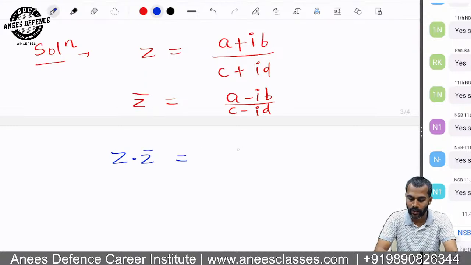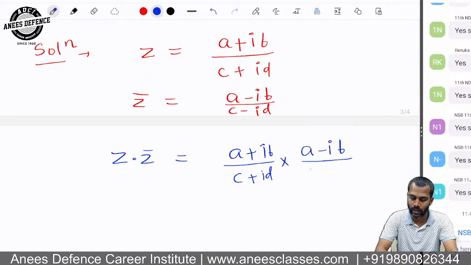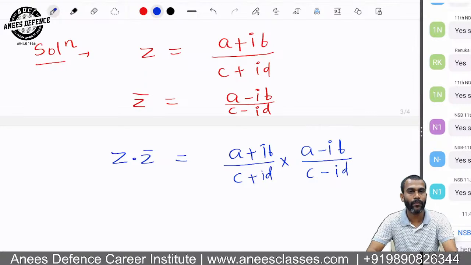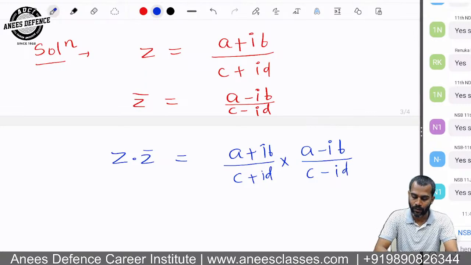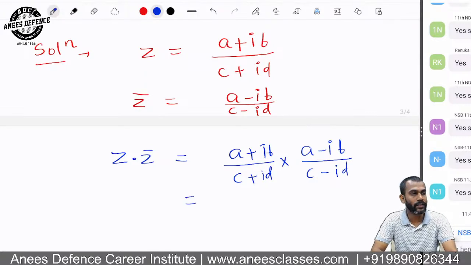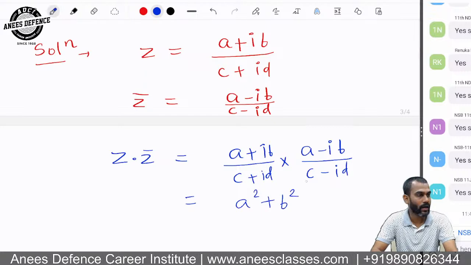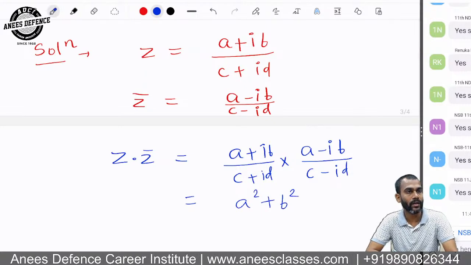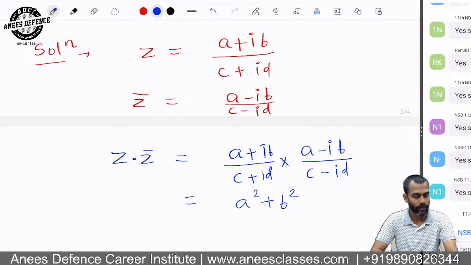So what will we get? (a plus ib) over (c plus id) into (a minus ib) over (c minus id). Now (a plus ib) into (a minus ib) is a square plus b square, directly I can write. That is a square minus (ib) whole square, i square is minus 1, minus minus becomes plus.